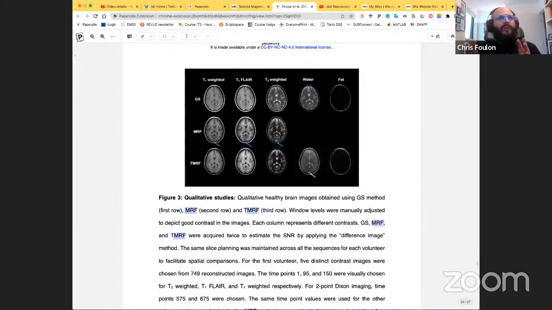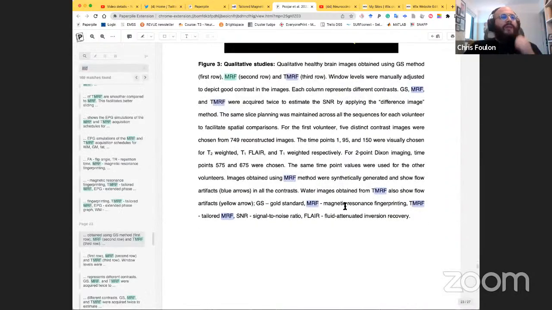I don't know if I heard. Maybe I missed it at the beginning. And the other thing is, can it be applied to other contrasts? Because I see T1, T2. So if there is a T2, can it be applied to DWI and maybe to functional MRI? I don't know.